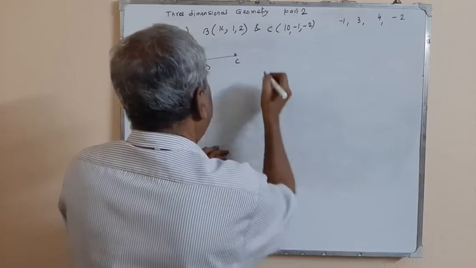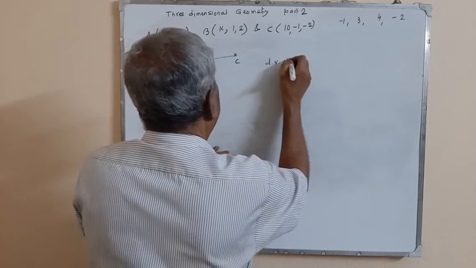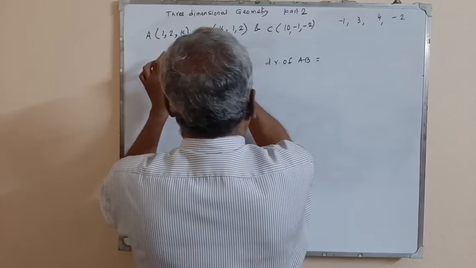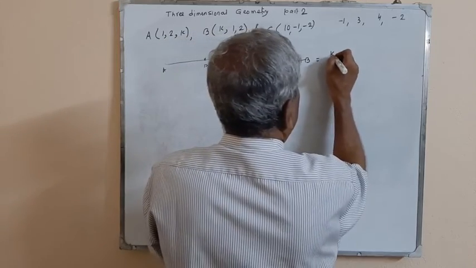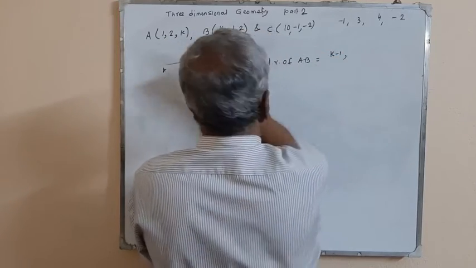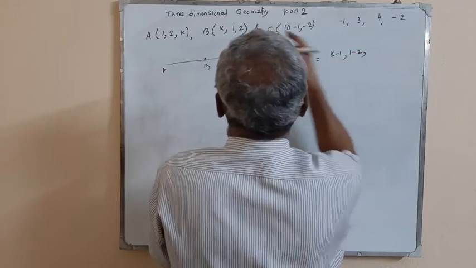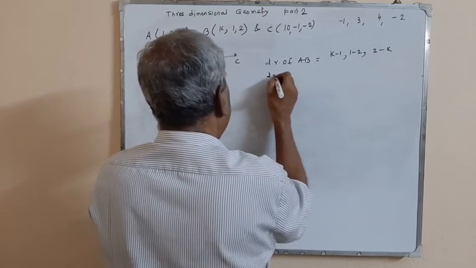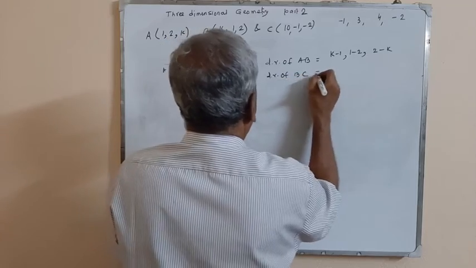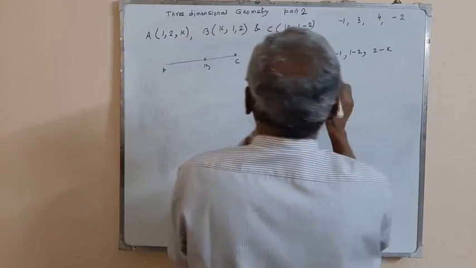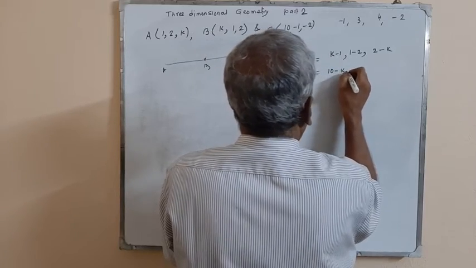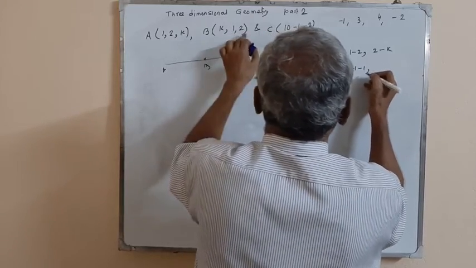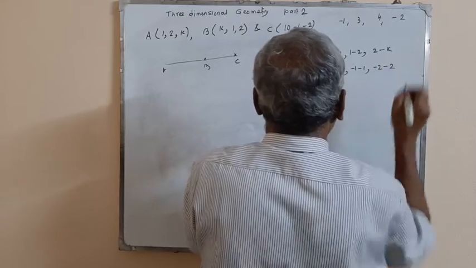Now from there, the direction ratio of AB is equal to x2 minus x1, that is k minus 1, 1 minus 2, 2 minus k, and the direction ratio of BC is 10 minus k, minus 1 minus 1, and minus 2 minus 2.